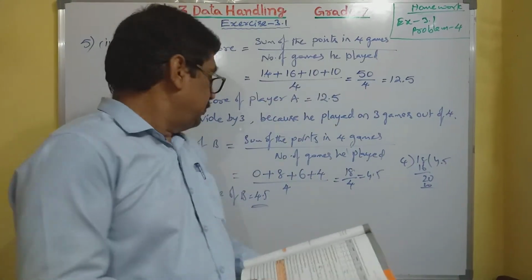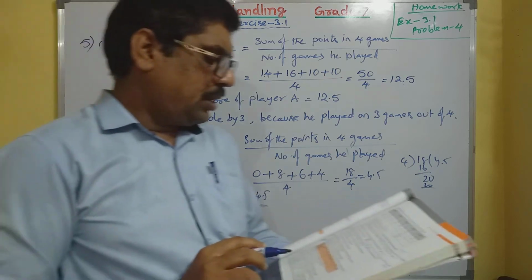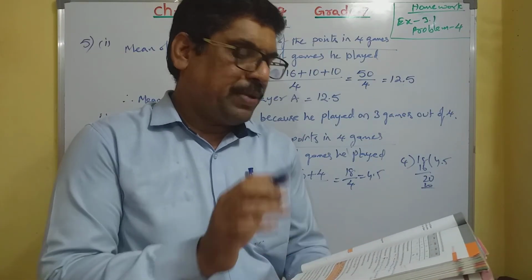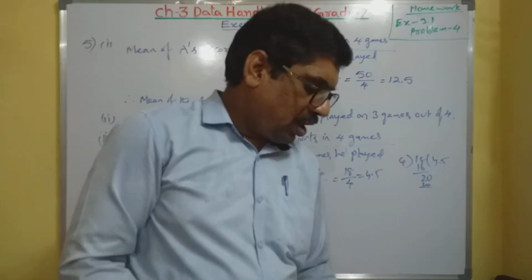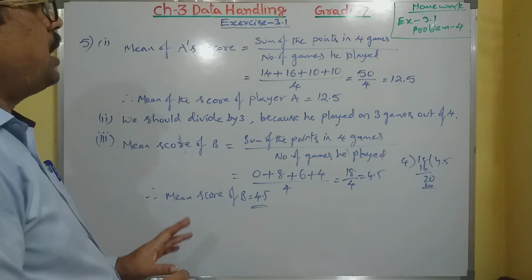Now, we have two more questions. Here the 4th question. One question only. Who is the best performer? So now we observe here by looking at the average.